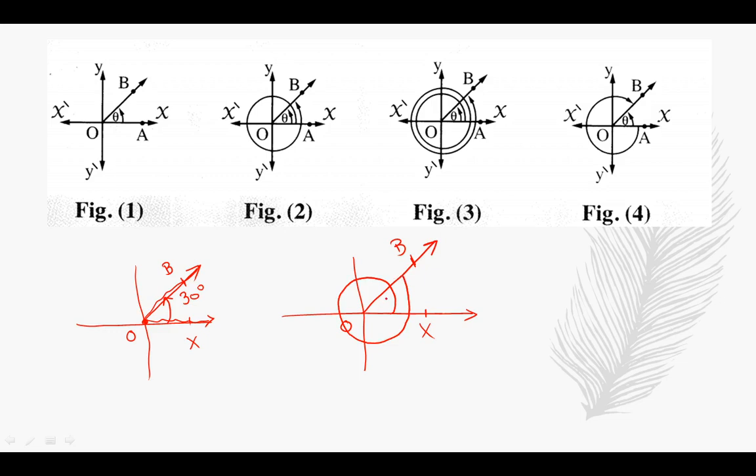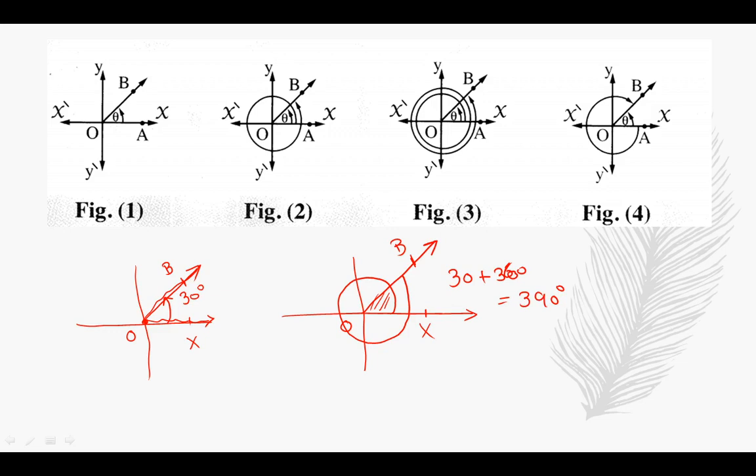So this angle is 30 plus 360, which equals 390 degrees.